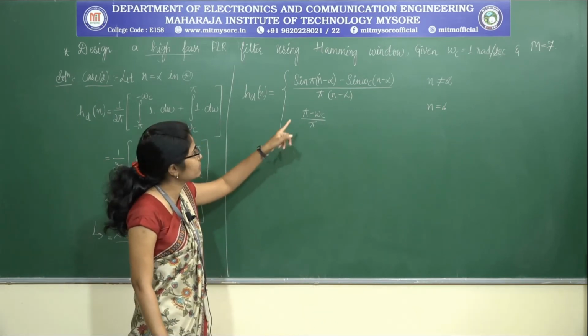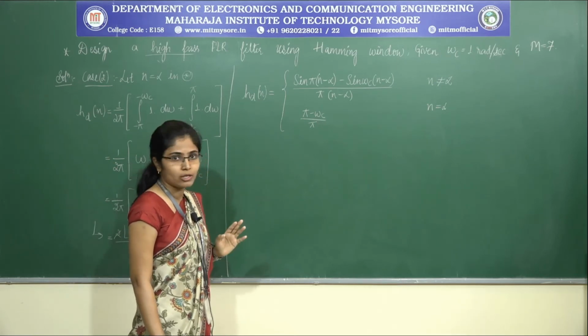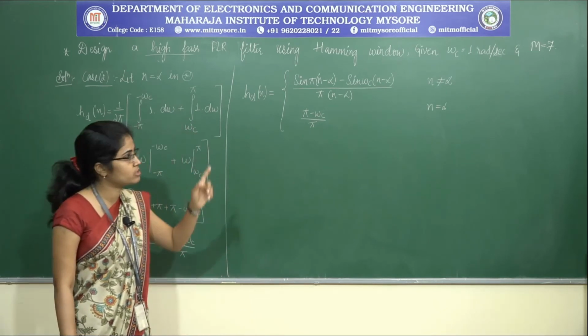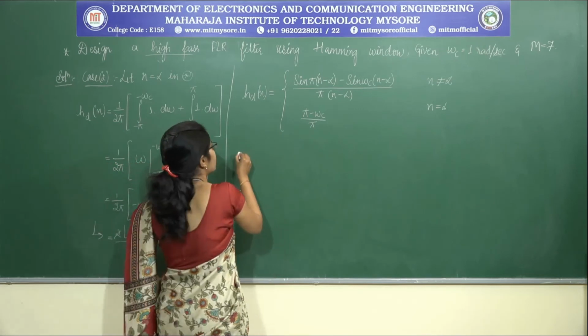So they have given us the value of omega c as 1. So let us substitute the value of omega c, and the value of alpha which we found out was equal to 3 because 7 minus 1 is 6, 6 by 2 is 3. Let us substitute that also.